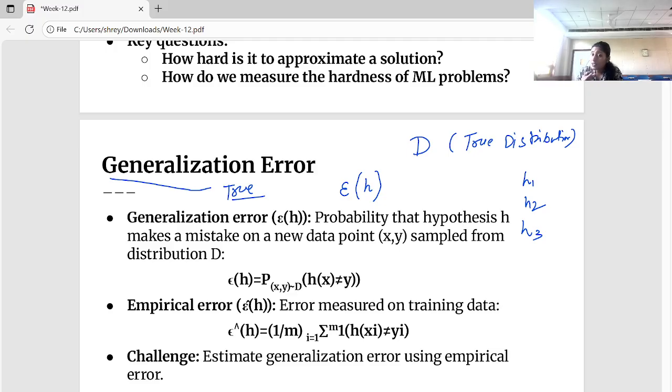The question arises: we don't know the true distribution, so how can we say we are approaching it? Whenever in mathematics we don't know something, we say suppose we have this, and we end up formulating some formula that can lead us towards this unknown thing.